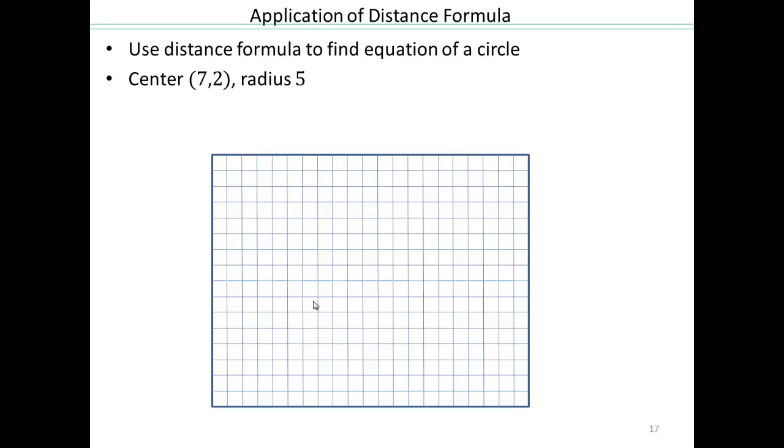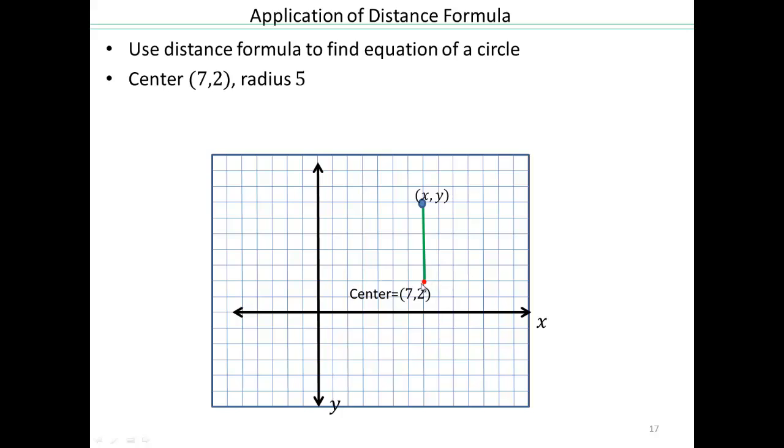All right, so one thing we can do is look for applications of distance formula. We're going to use it to find the equation of a circle. Let's start with a circle where the center of the circle is 7, 2, and the radius is 5. A circle is defined as all points that are equidistant from a fixed point.